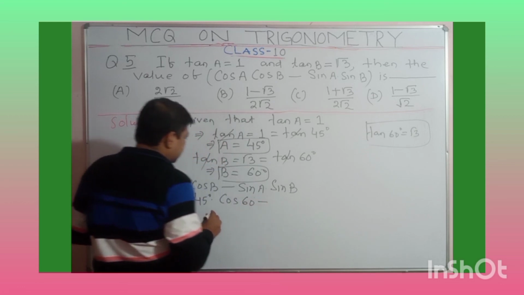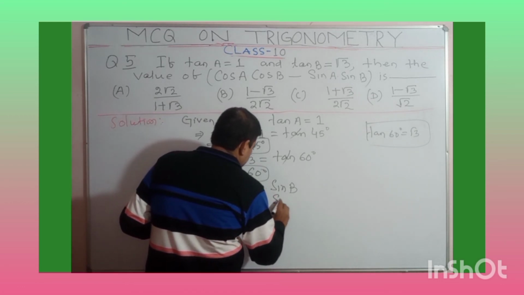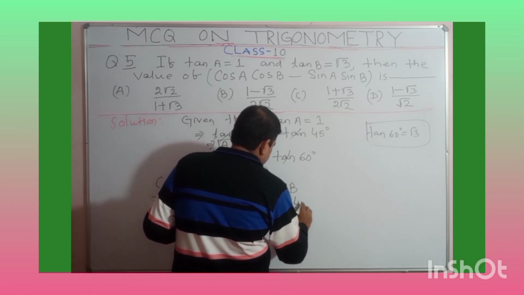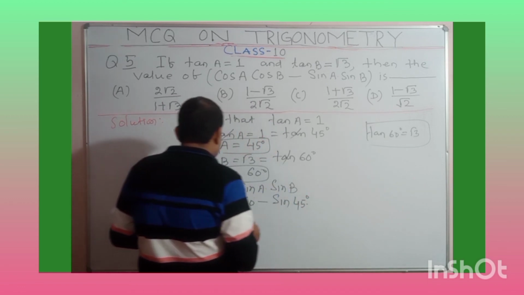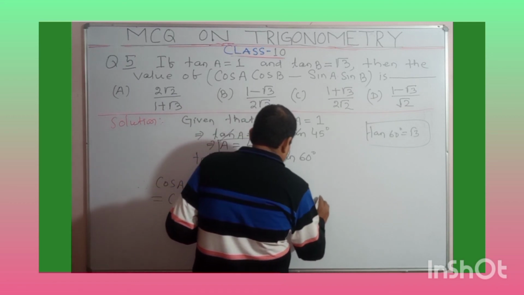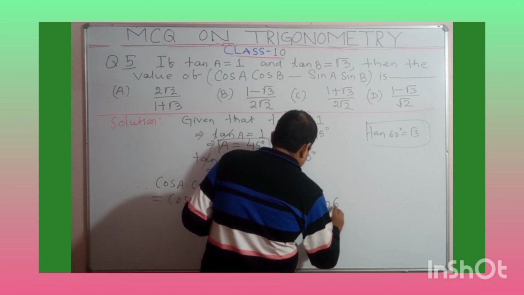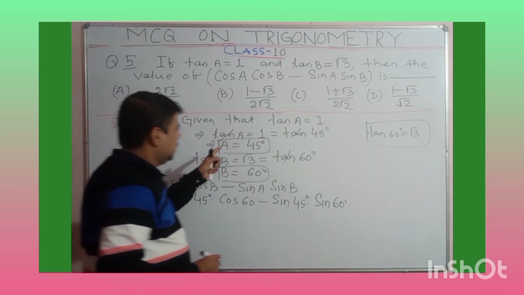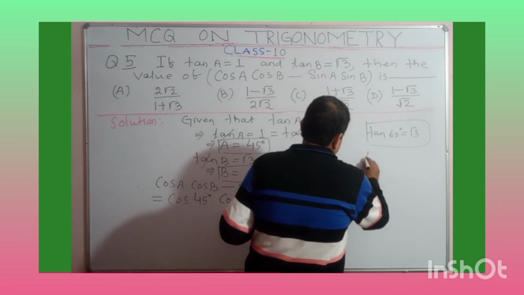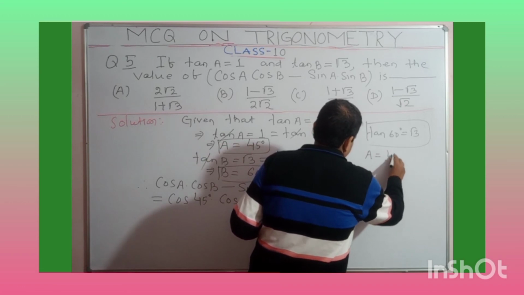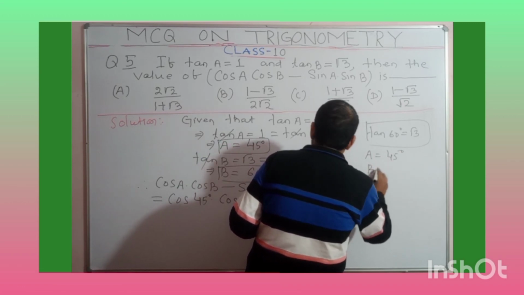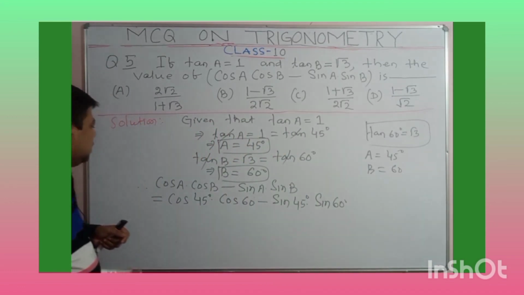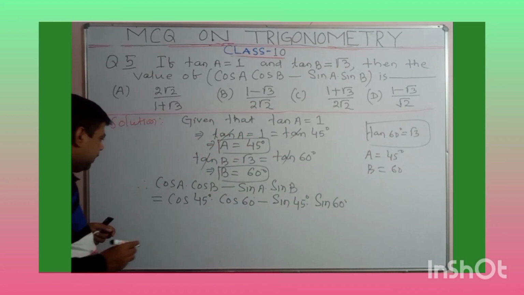So in place of B write 60 degree. Sin A, A means 45 degree. Then sin B, B means 60 degree. Okay. Understand? Here we got A is equal to 45 degree and B is equal to 60 degree. Using the values of A and B in the given expression, let's simplify.